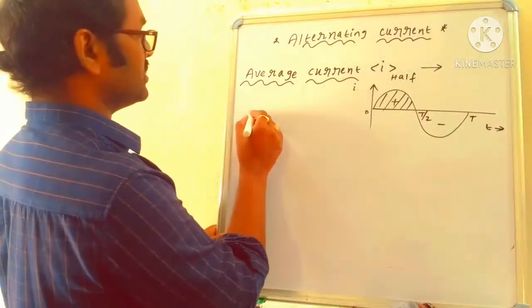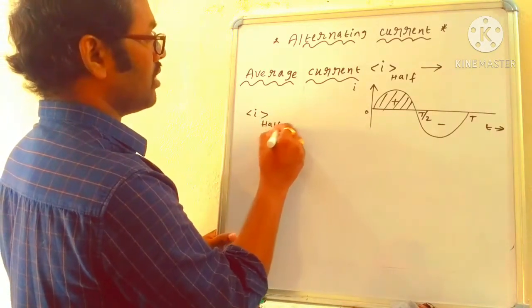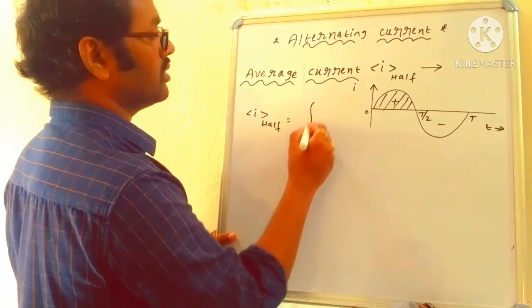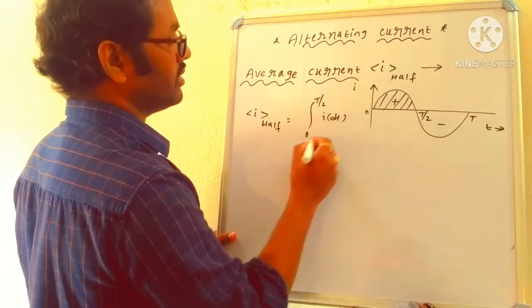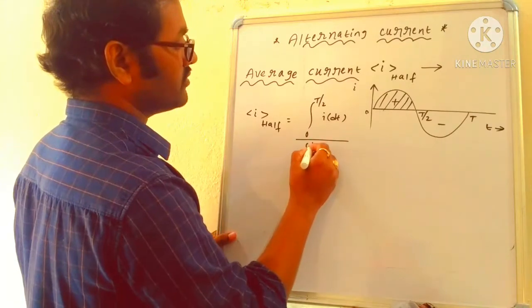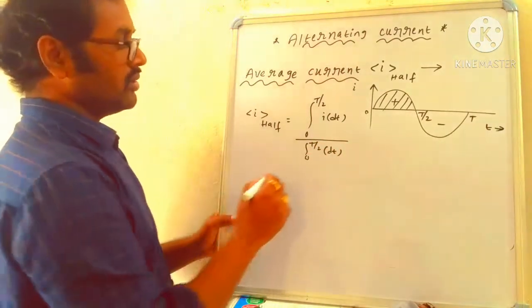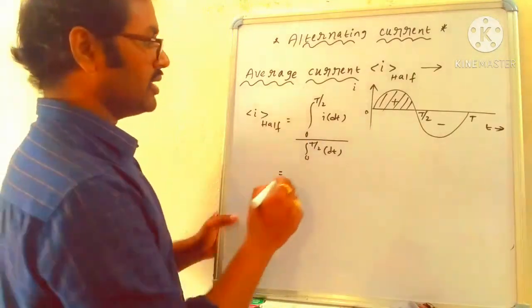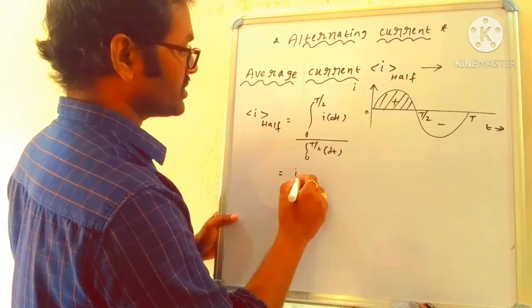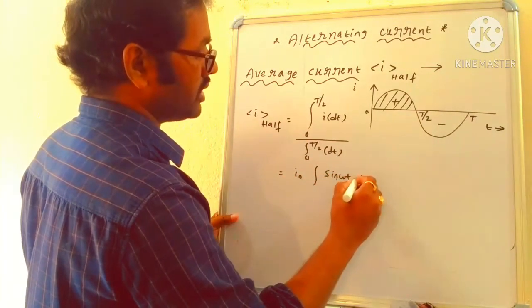For this, we again use the same formula: the average value for the half cycle is equal to the integral from 0 to T by 2 of I dt, divided by the integral from 0 to T by 2 of dt. The I value is I naught sine omega t, so you can write I naught outside the integration of sine omega t dt.